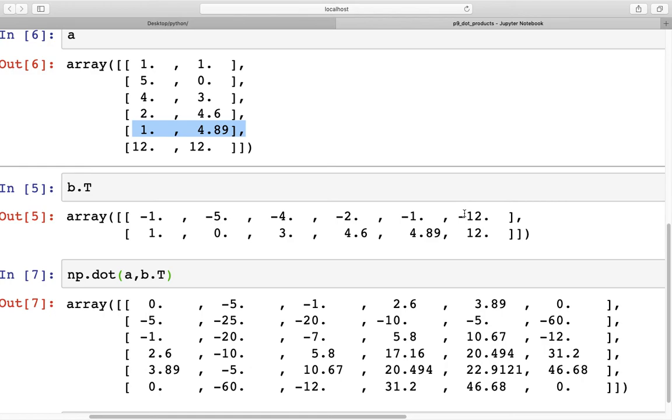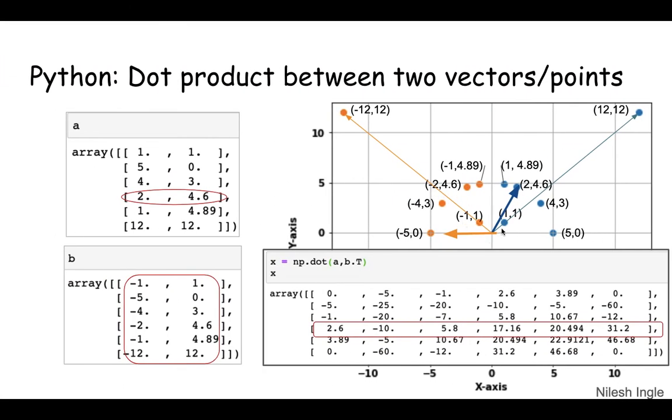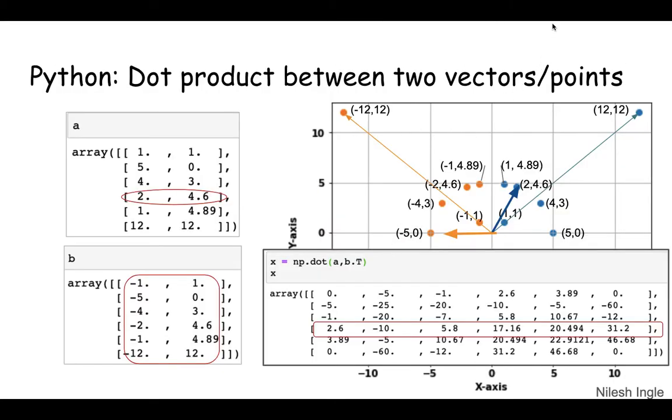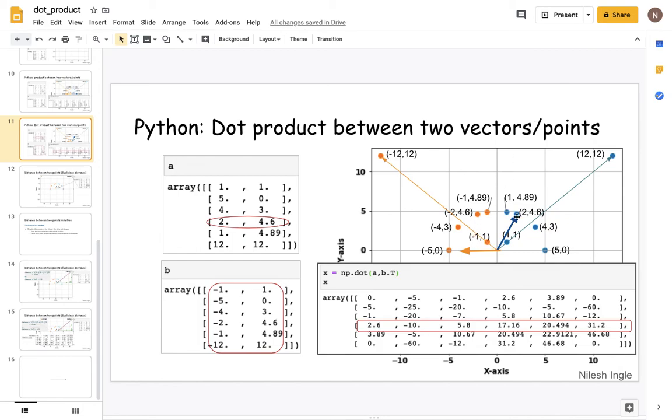That's the dot product between those two points, 1.1, 4.89 and -12, 12. So if we look at that angle, it should be a smaller angle.